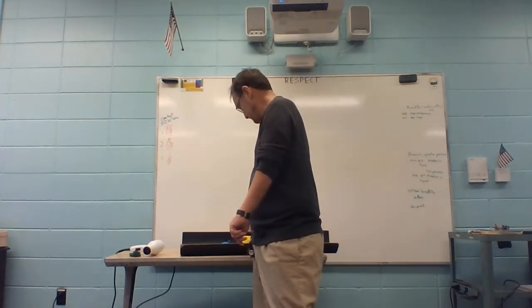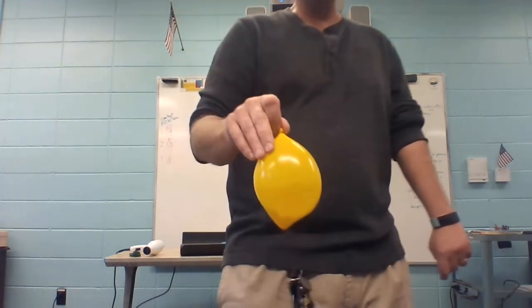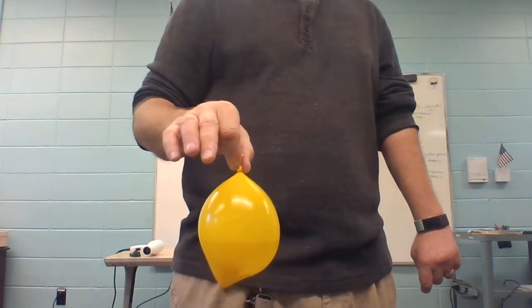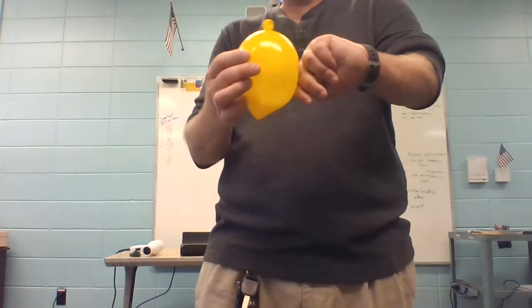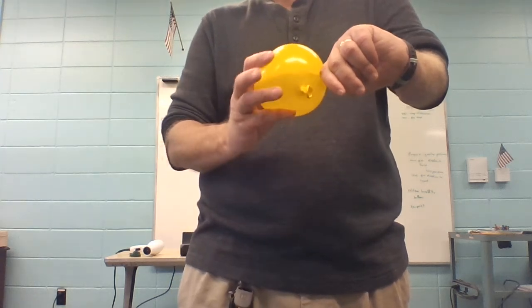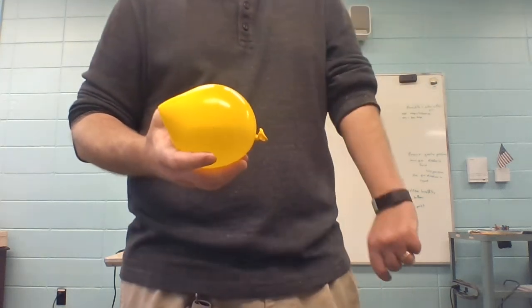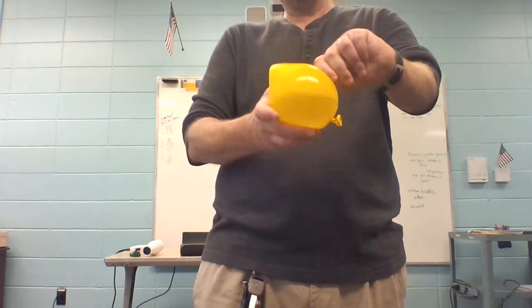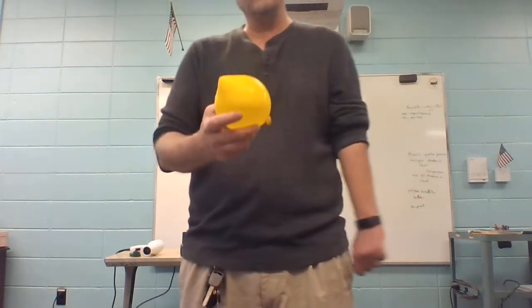The next one, the relative humidity of this one is about 50%. About 50% of the volume of this balloon is water. The rest of it is air. So I would say that the relative humidity inside this balloon is 50%.